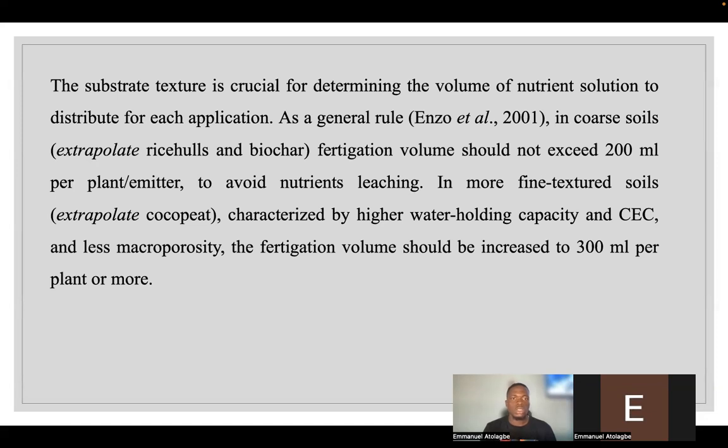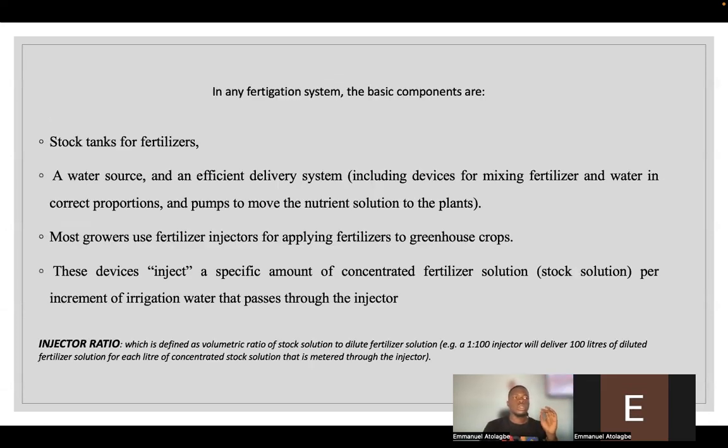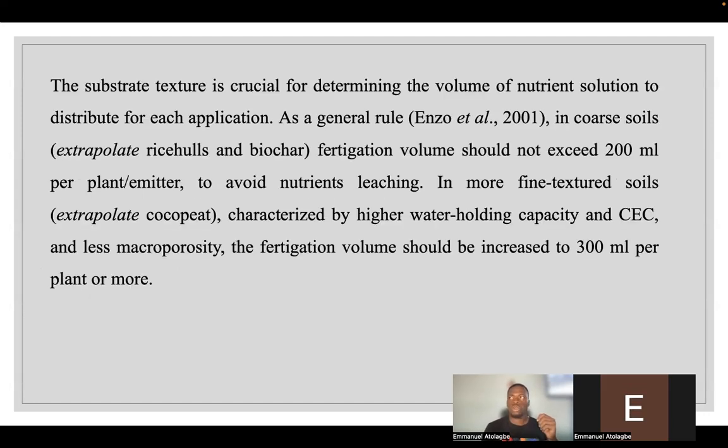The substrate texture is very crucial for determining the volume of nutrient solution to distribute for each application. What this just means is substrate texture is one of the physical attributes of your growing medium. That is the substrate you are using for growing.